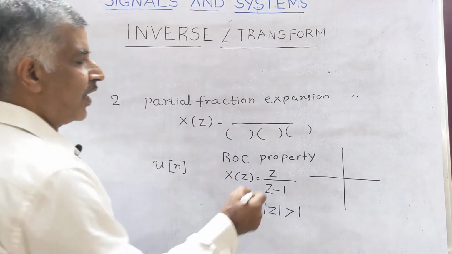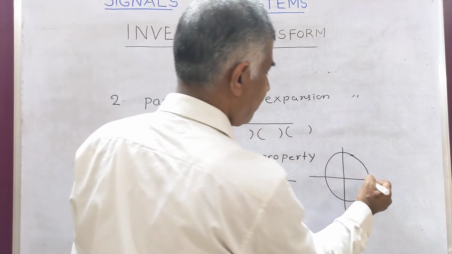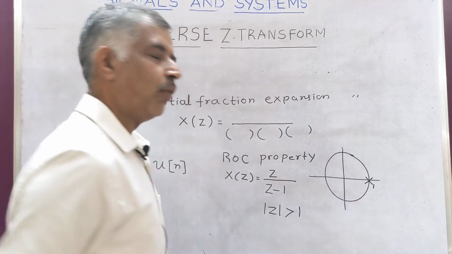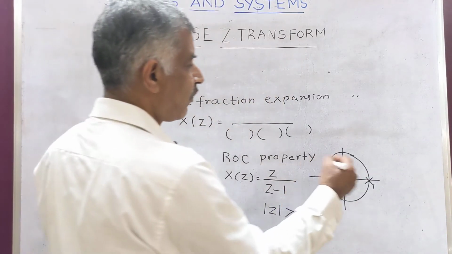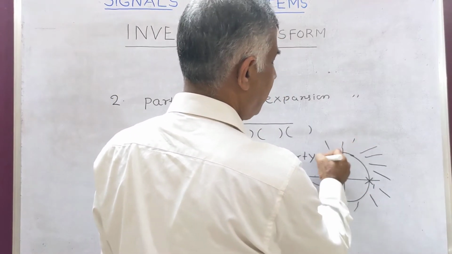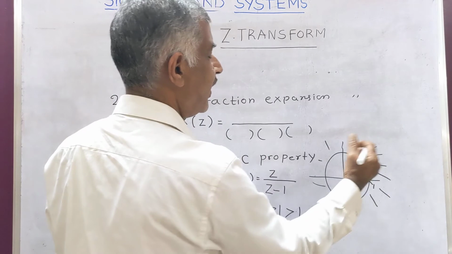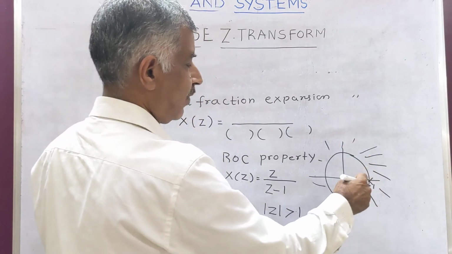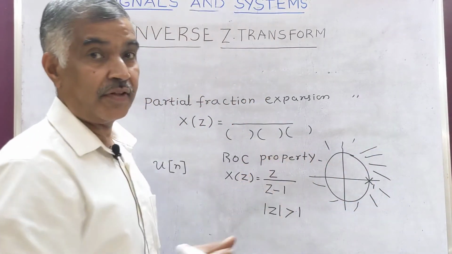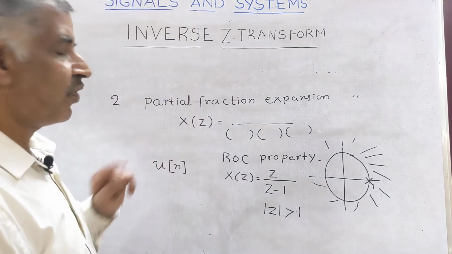This is the z plane, and I have constructed a circle of radius 1. z equal to 1 is called the pole, and the region of convergence is outside the pole radius. The pole radius is 1 and the ROC is greater than the pole radius. That is a very, very important point. This is for a right-sided sequence like u of n.